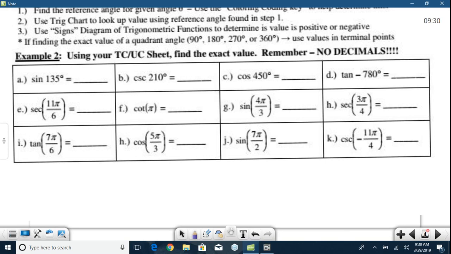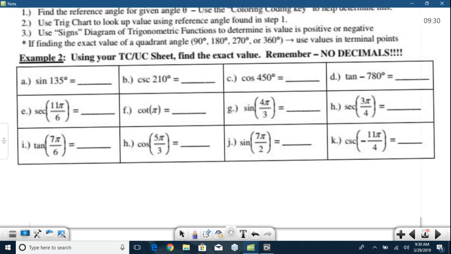Sine of 135. Radical 2 over 2. Okay. And we know that because the y coordinate at 135 is radical 2 over 2. Questions about that? Sine is the y coordinate.